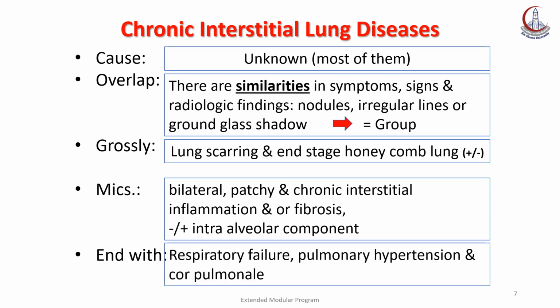The end of this lesion leads to respiratory failure due to fibrosis of the lung and decreased capacity of the lung to distend to take air during inspiration. This fibrosis leads to pulmonary hypertension, called cor pulmonale, and right-sided heart failure.